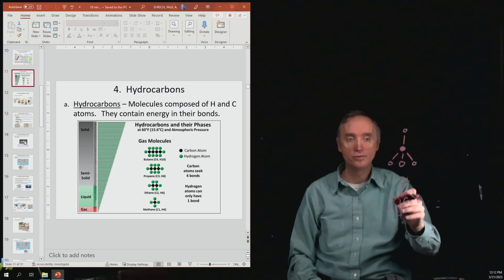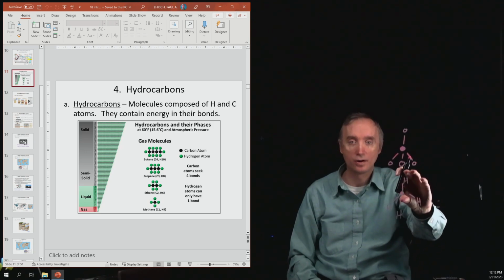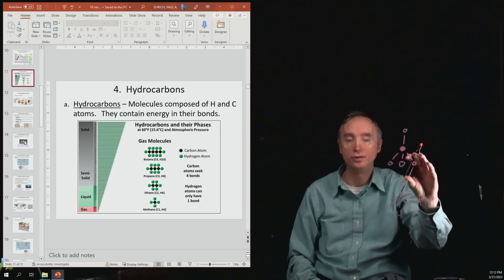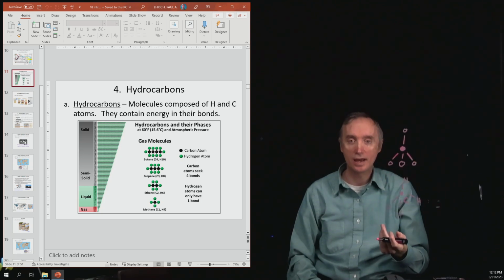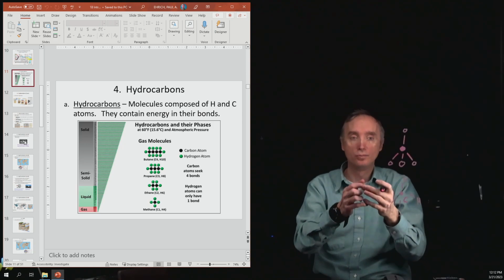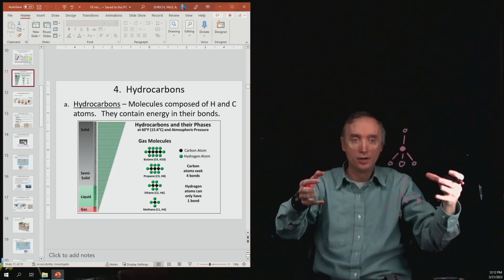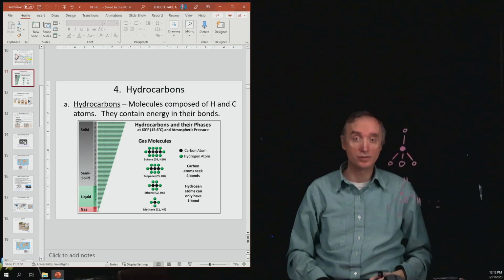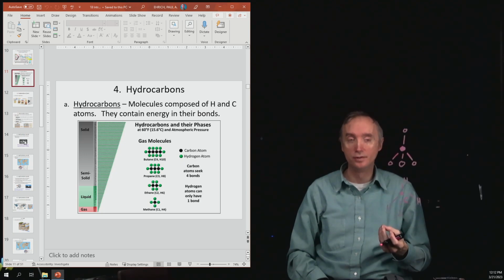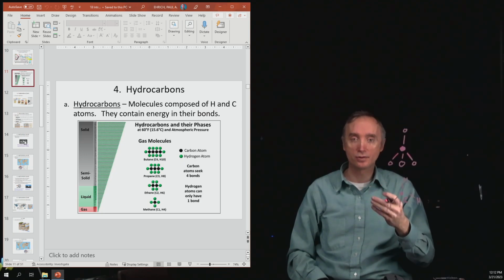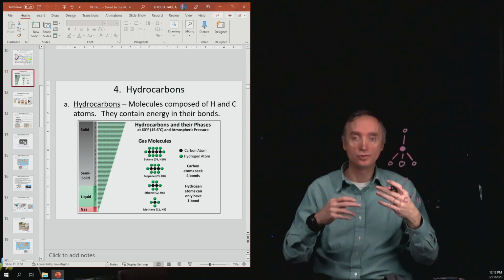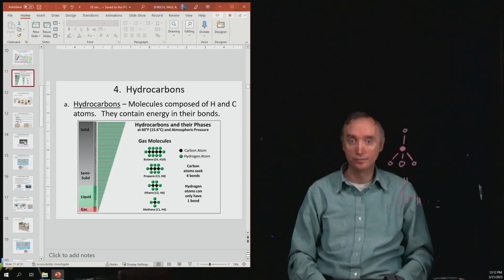So when you have just a few of these things that are stuck together, it's going to be a gas, but the more that you put on, the more they start to interact with each other, and then it becomes a liquid. And once you get past a certain point, it is going to actually turn into a solid.